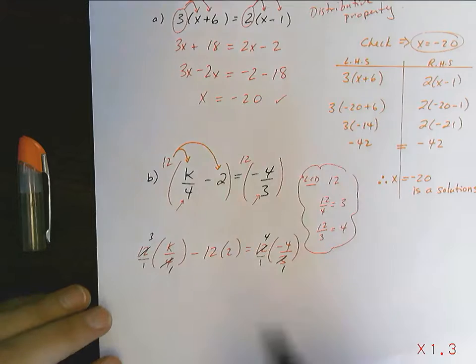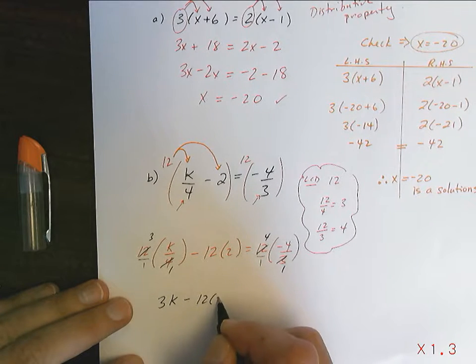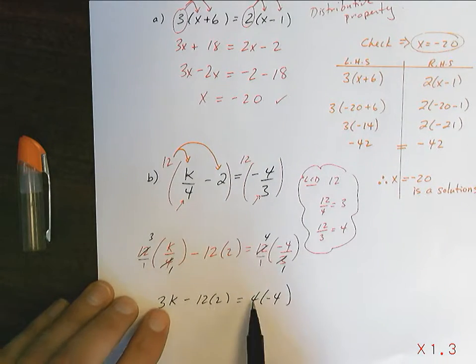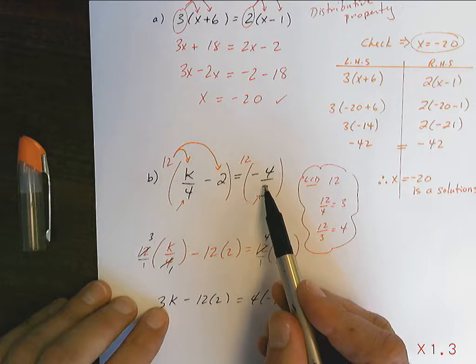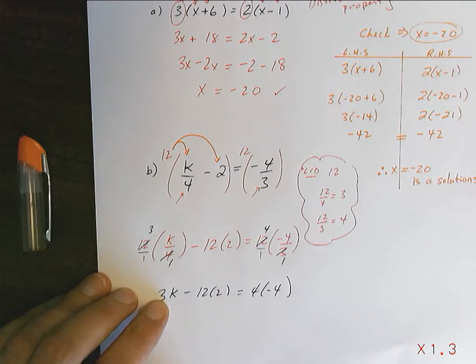That gives you a new equation that's much easier to solve: 3k minus 12 times 2 equals 4 times negative 4. This equation is equivalent to this equation. They will give you the same values, the same answers. However, they no longer have any denominators.